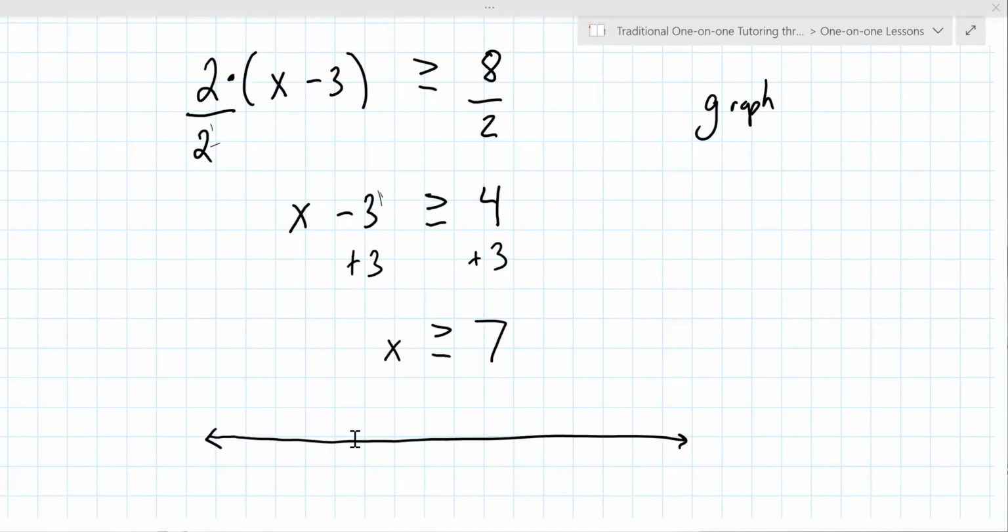So you've got to find 7 on the number line. So here is 7: 1, 2, 3, 4, 5, 6, 7. It's a filled in dot because it's greater than or equal to. And that goes at the left.